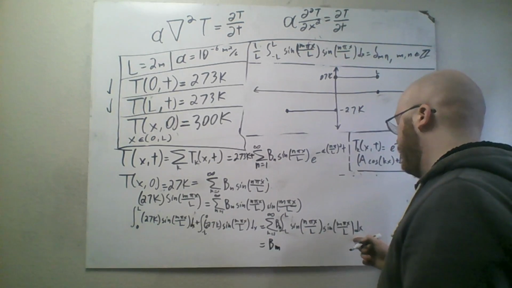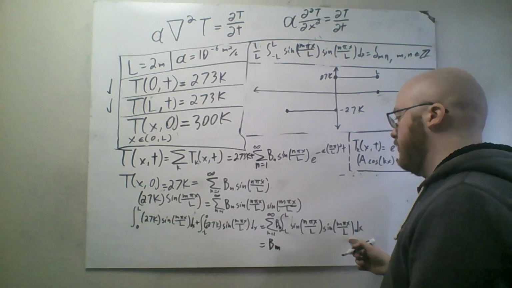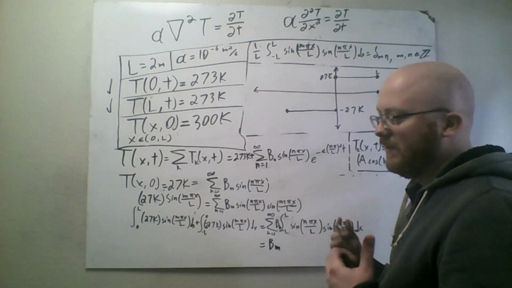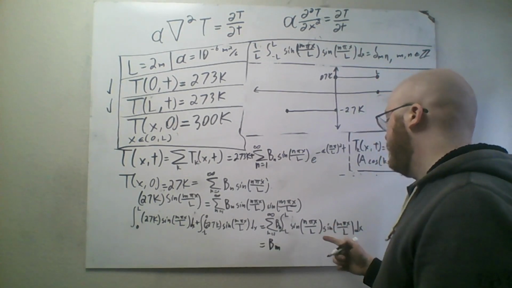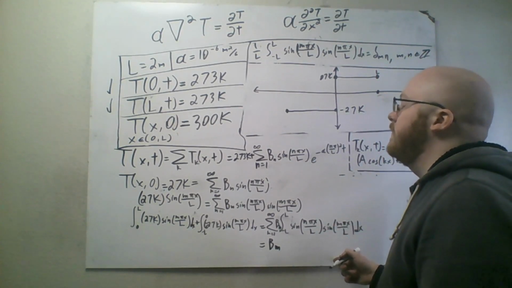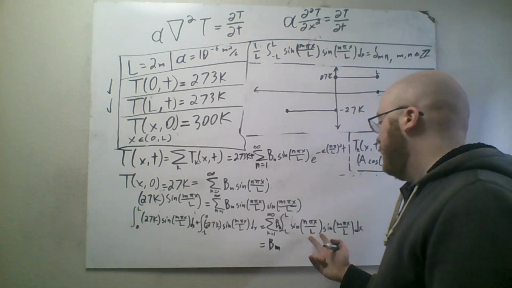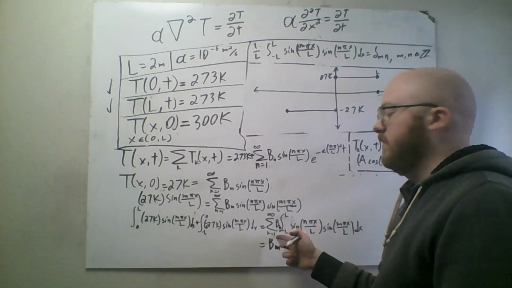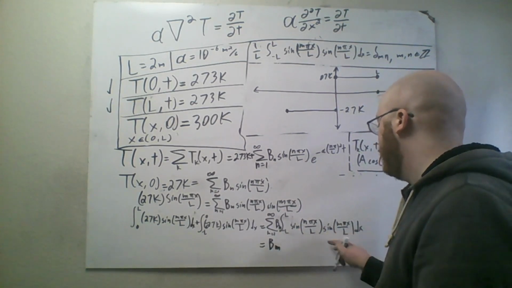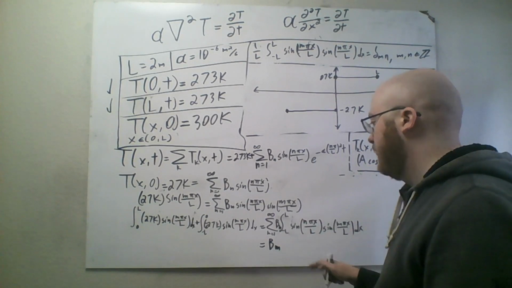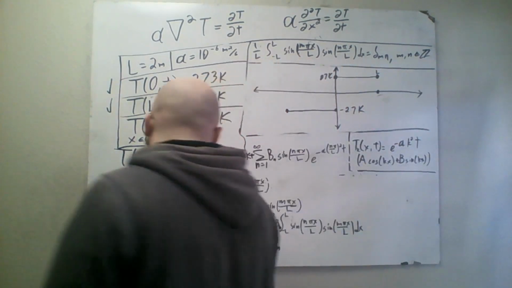This integral goes away. Once again, it goes to 1 or 0. Right? And this is why I was saying it was kind of like a dot product. Because technically it is an inner product in this sense. You take the dot product between this and a basis vector. In this case, a basis vector would be something like sine m pi x over L. Take the dot product, boom.